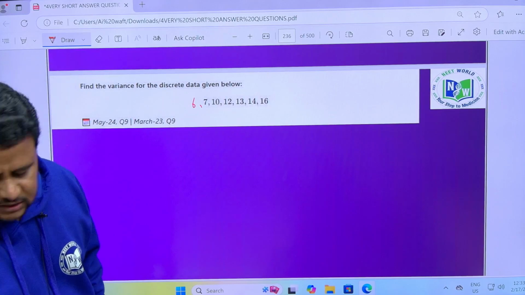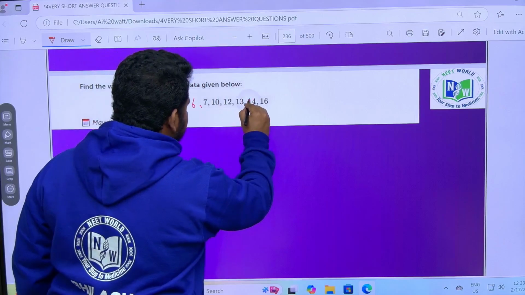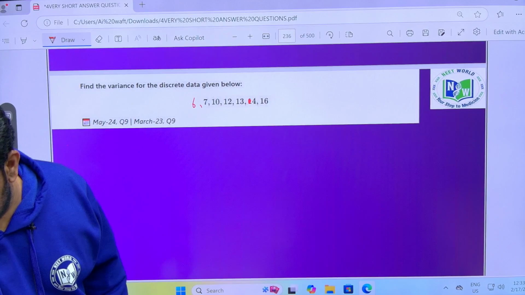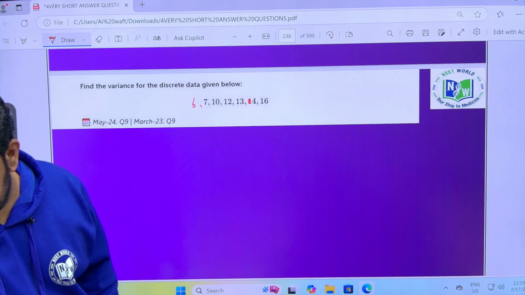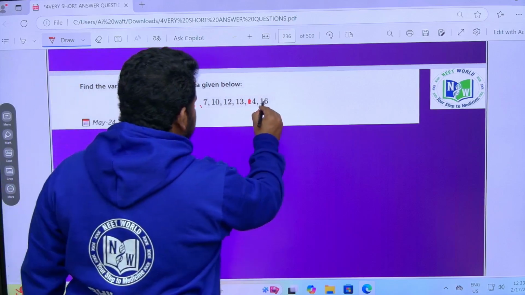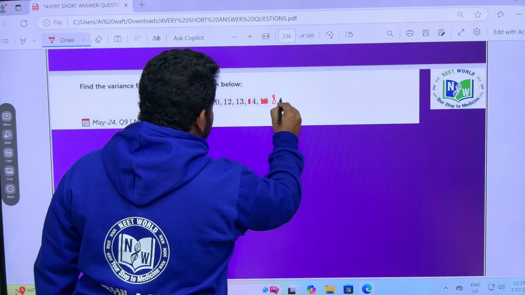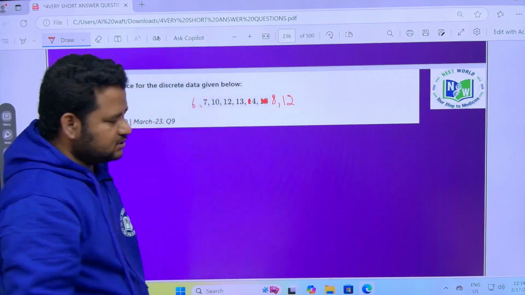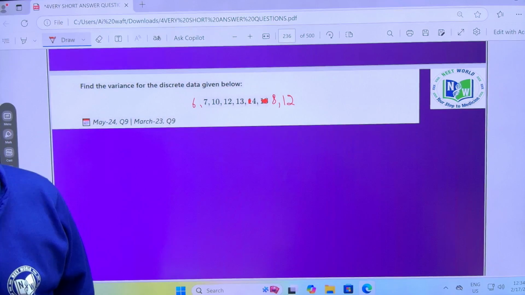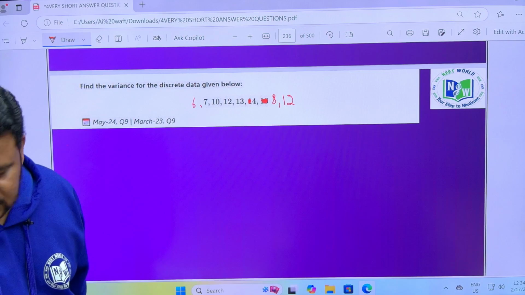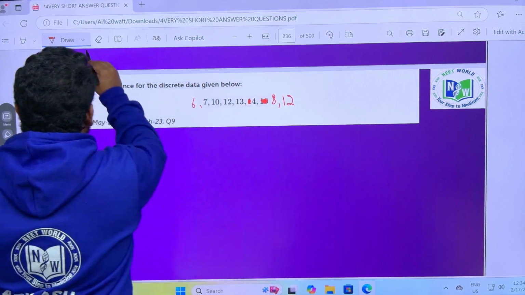It is not 14, it is 4. Instead of 16 we have 8 comma 12. So this is the data that they were given.